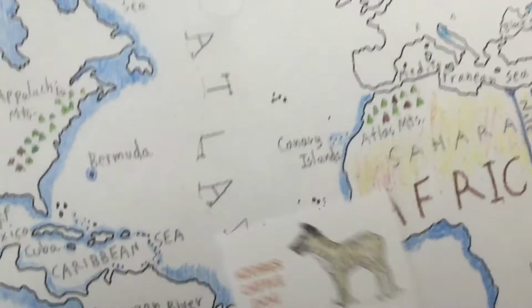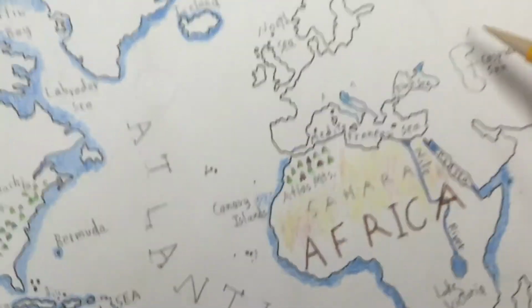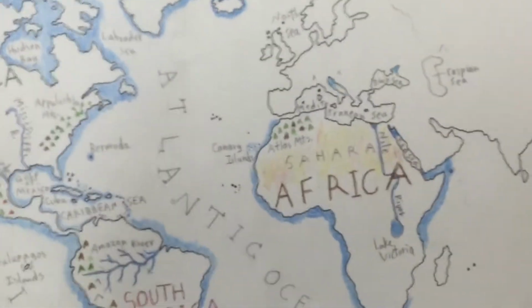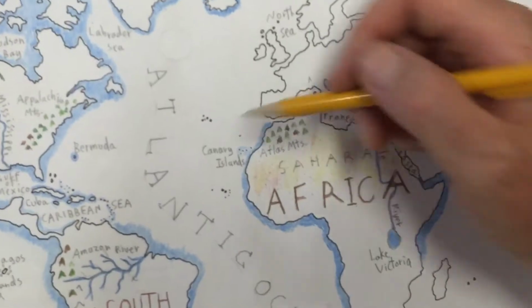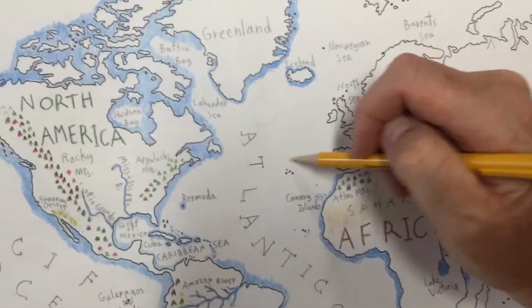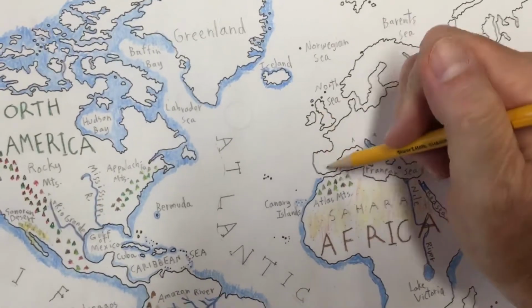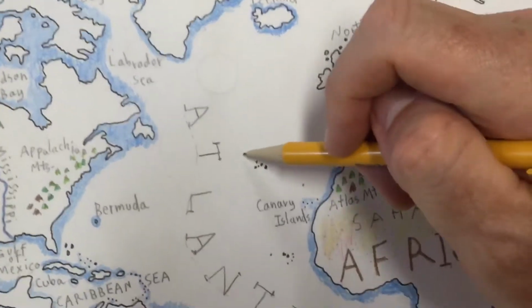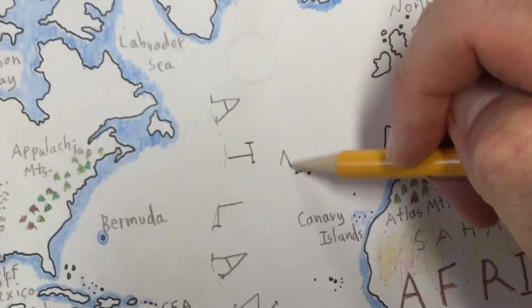Okay, so let's start off with the Azores, with a nice Azores cattle dog. That group of islands is located in the Atlantic, west of Portugal and Spain. Right here, you can just write Azores.